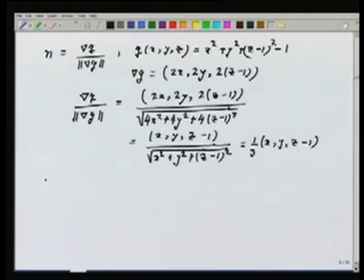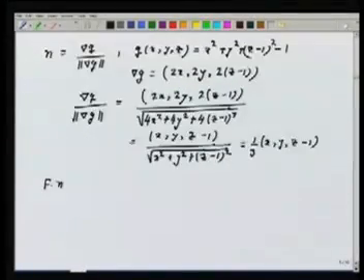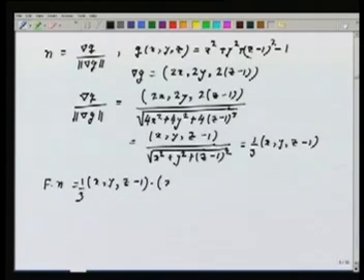Now I need to calculate what is f dot n. Well, I know my expression of f. F is given by x, y, z minus 1. So f dot n is x, y, z minus 1 dot n, which is 1/3 times x, y, z minus 1.